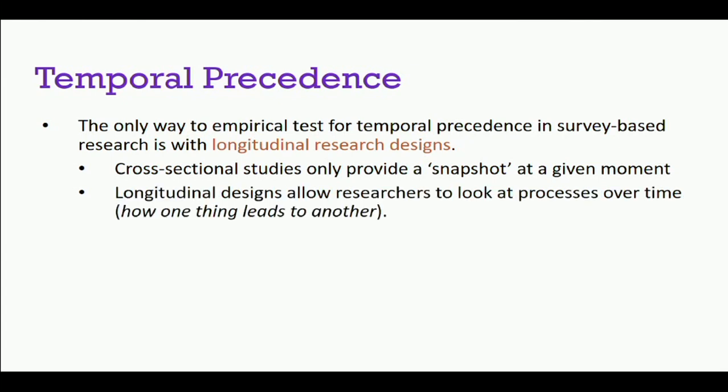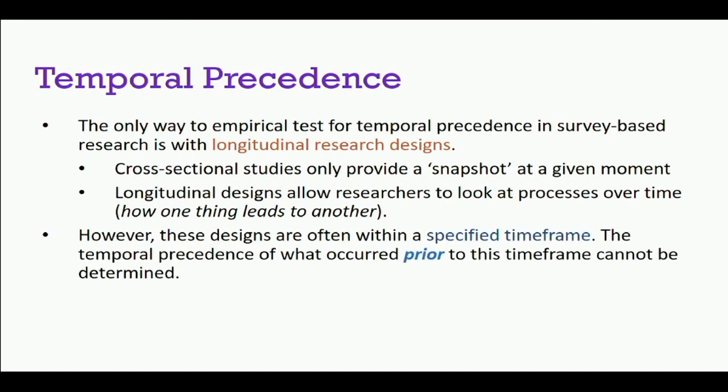A longitudinal design allows researchers to look at processes over time, how one thing leads to another. However, these designs are often within a specified time frame. So the time frame is usually the duration of the study.